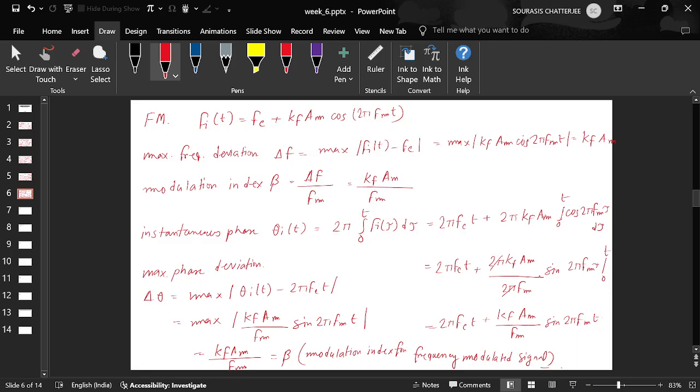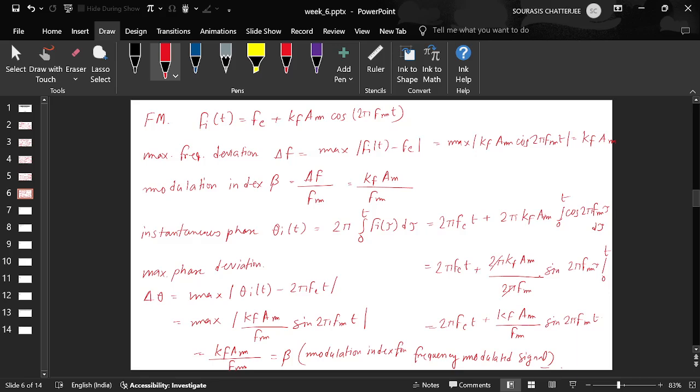For the phase modulated signal, the modulation index is kp Am, whereas for the frequency modulated signal the modulation index is kf Am over fm. But when it comes to maximum phase deviation, for both frequency and phase modulated signals it is equal to the modulation index of the corresponding signal.